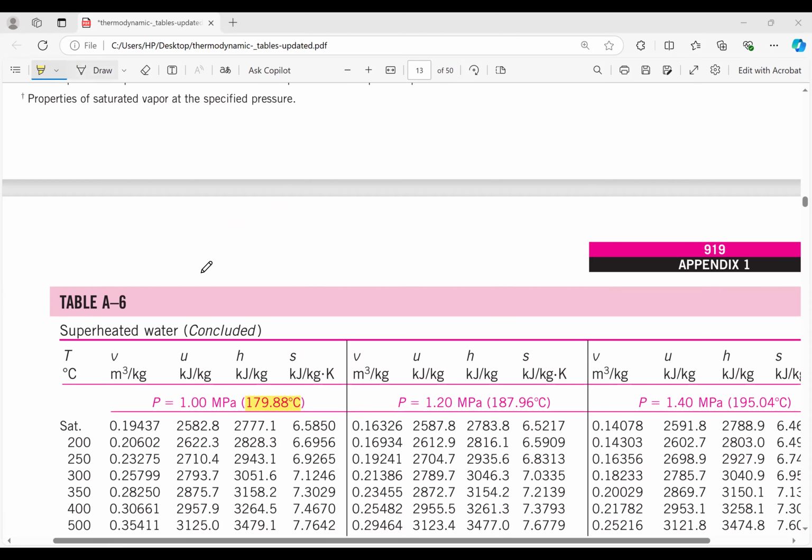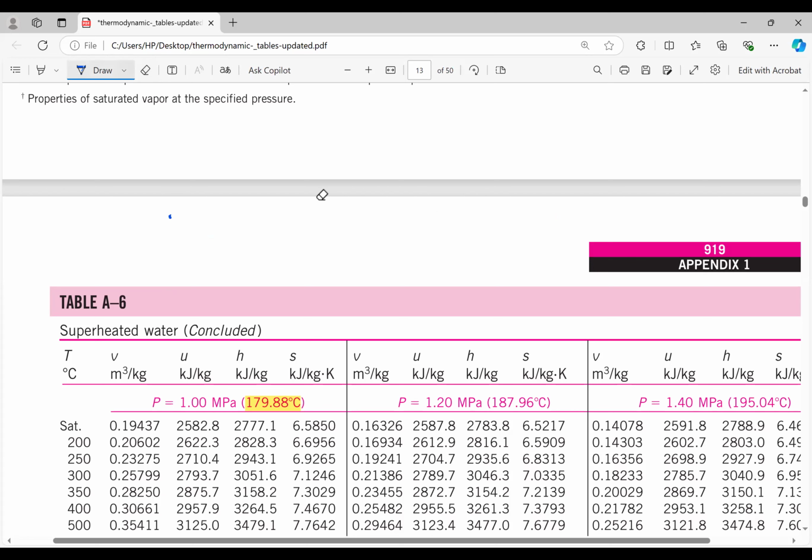So what I'm trying to say is that we are looking for the internal energy at 215 degrees Celsius, right? But then we have the values at 200, and then we have the value at 250 as well. So what we want to do is find that value in between 200 and 250, which is equal to the 215.